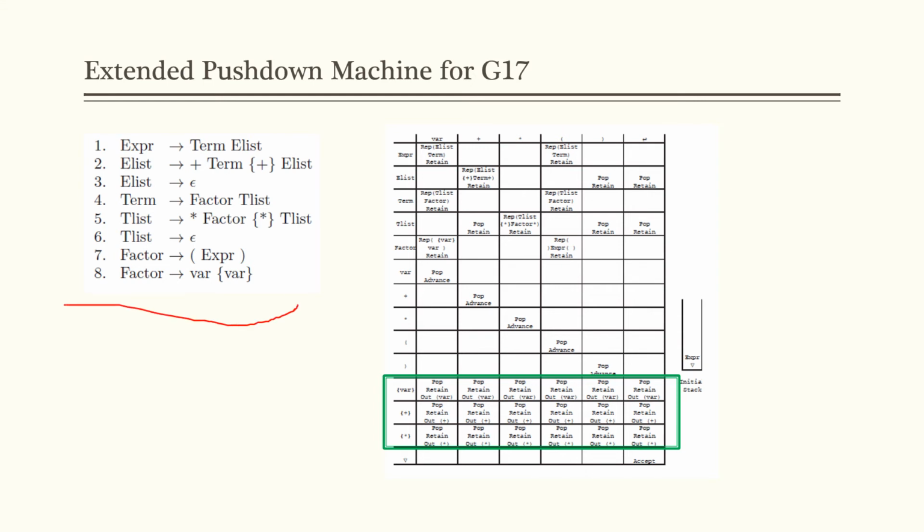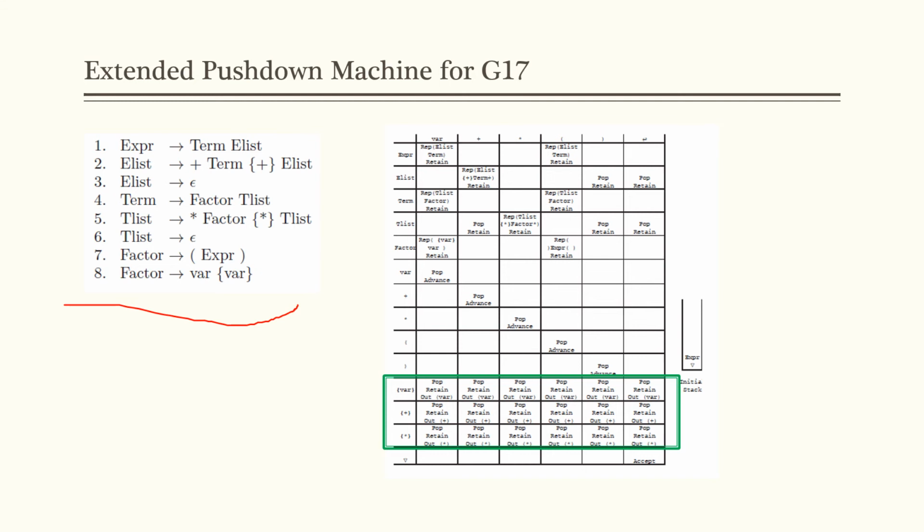The rest of the machine we construct the same way as the other pushdown machines for simple grammar, quasi-simple grammar, or LL1 grammar, except for the green rectangle here, which is extra information about the action symbols.